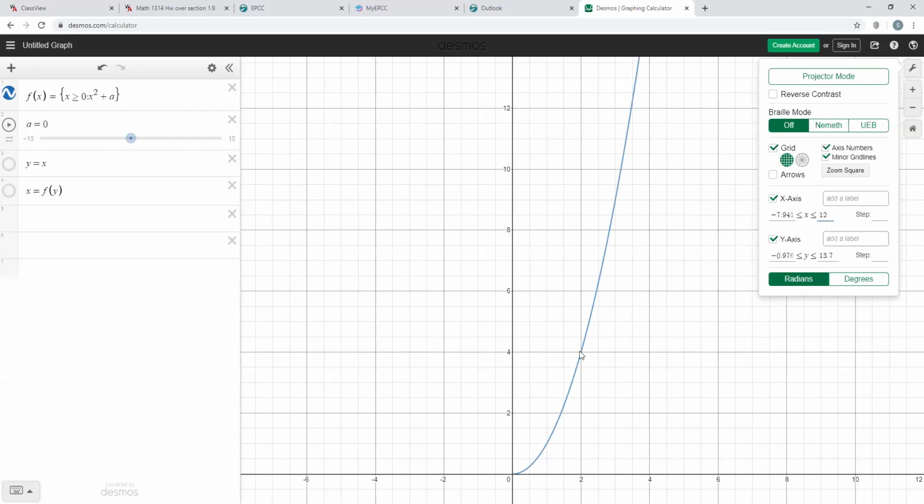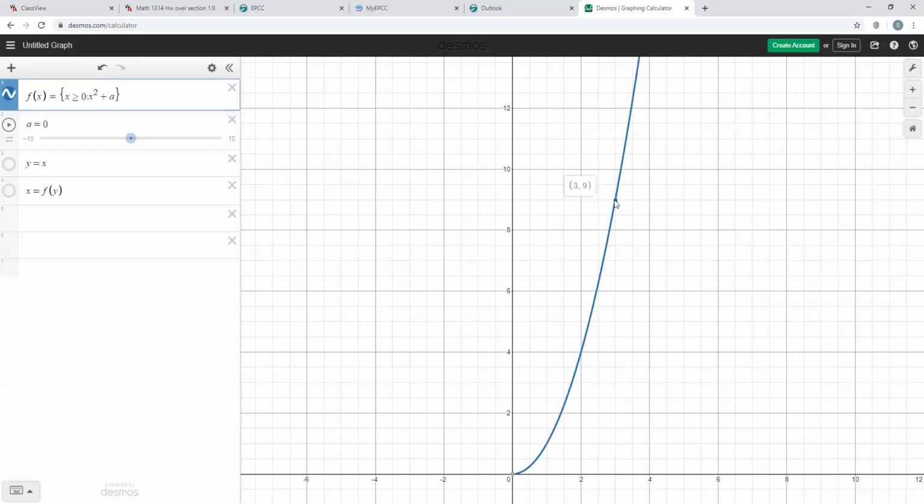So let's take this point (3, 9). Right here somewhere is (3, 9). We know (3, 9) is on the graph.